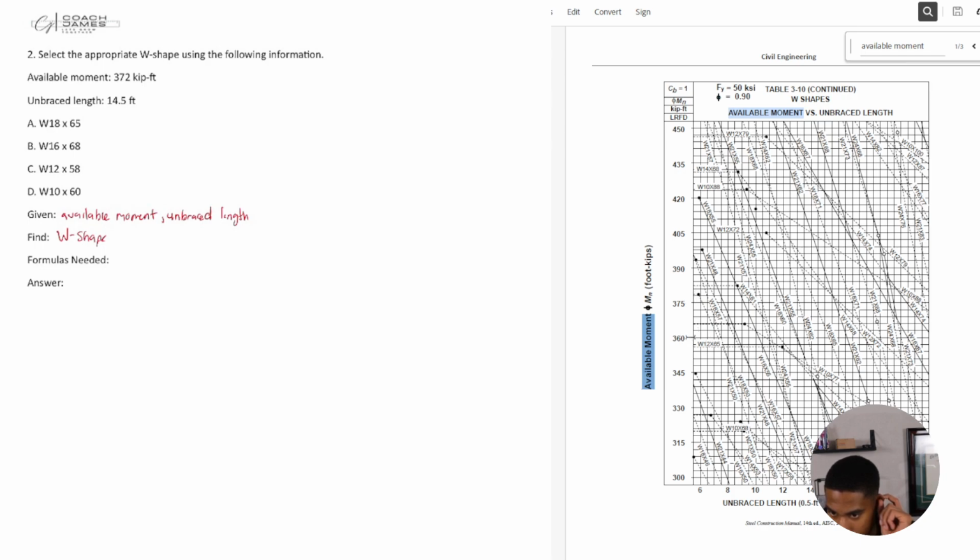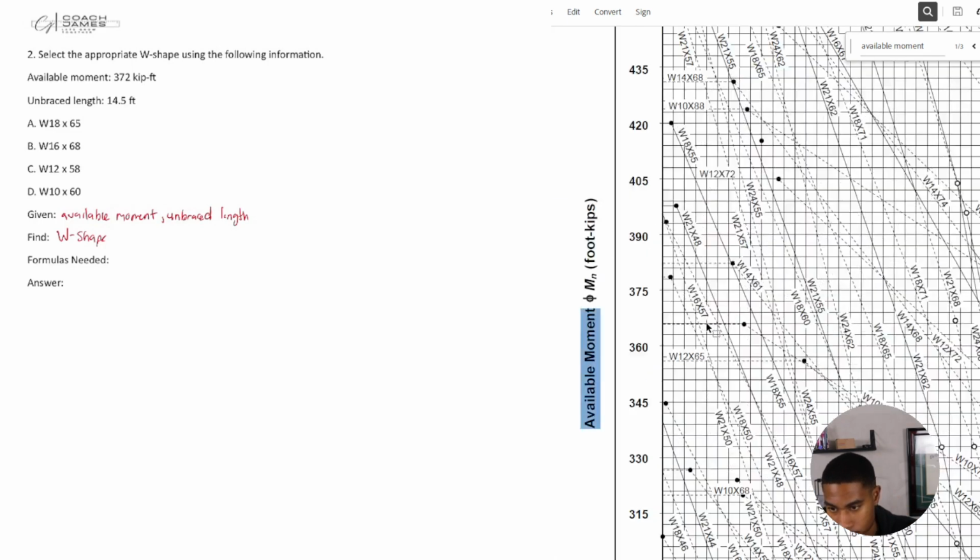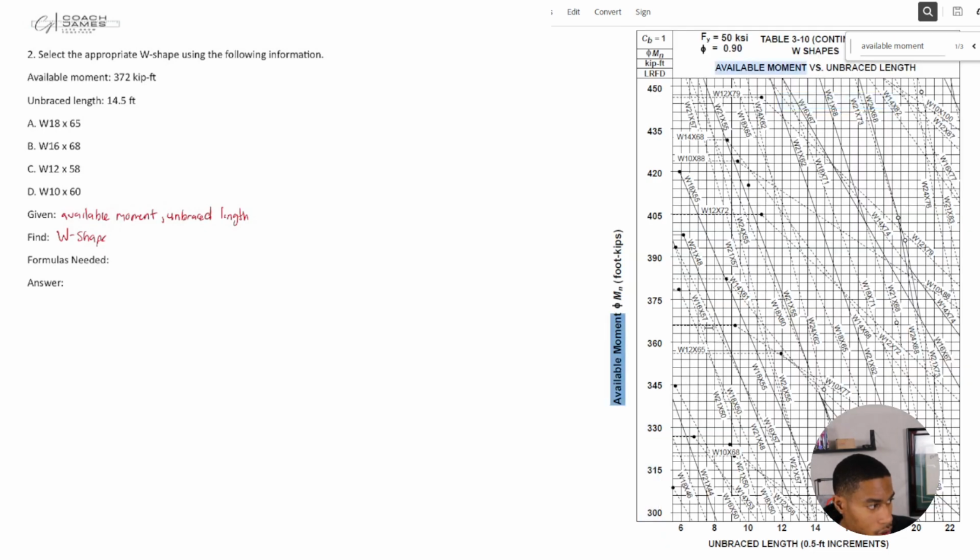Okay, so how do I know where these numbers end up, right? Is this 361? Let's zoom in here so you can see. I don't believe that this would be 361. Here's why. If I do 361, 362, 363, 364, 365, this says 375. So I know that that's not correct.